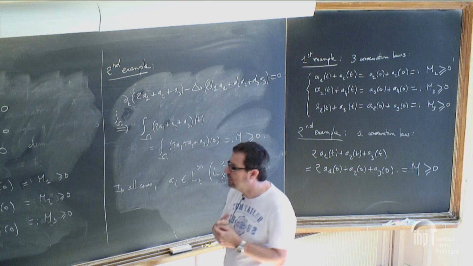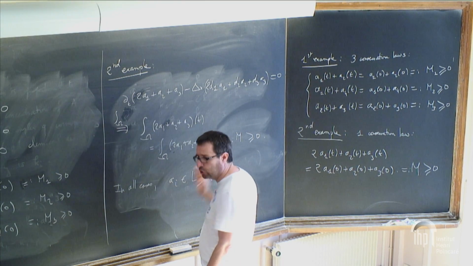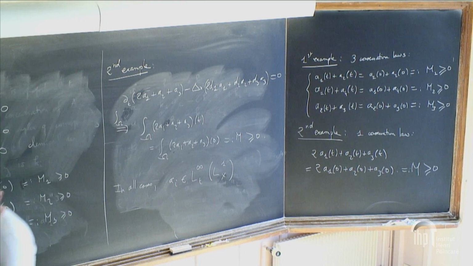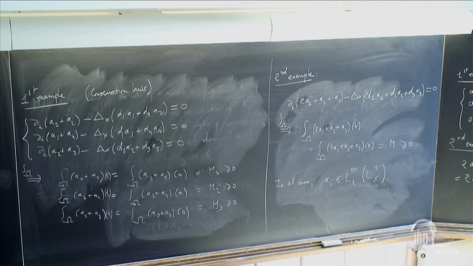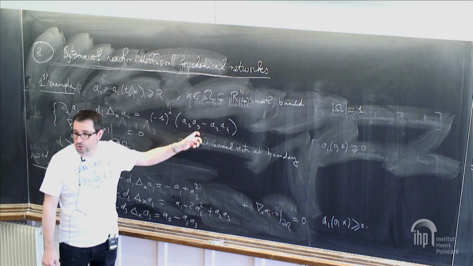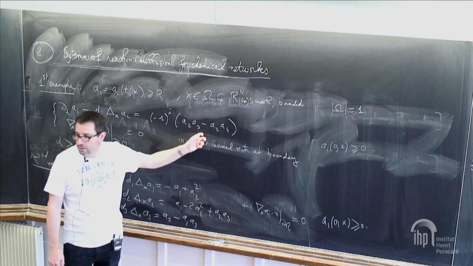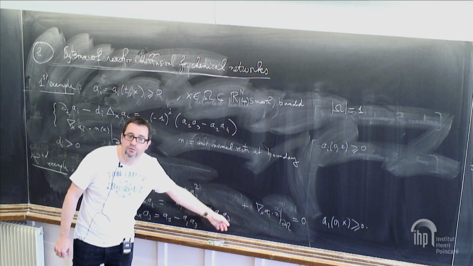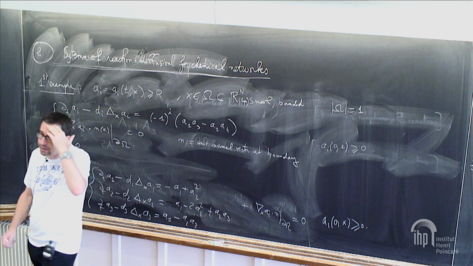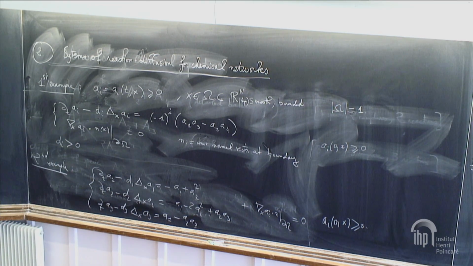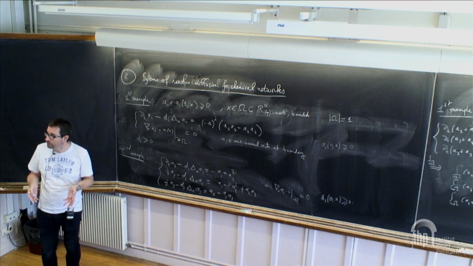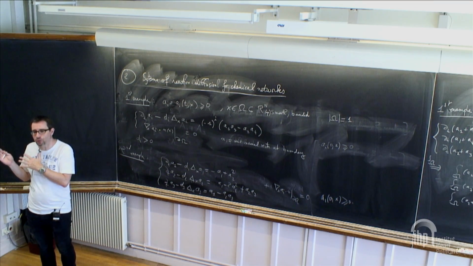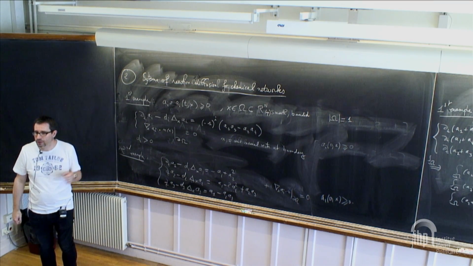However, you can immediately see that this estimate is not really useful in order to treat the equations, because the typical situation is that you have quadratic terms inside the equations. Like here, let's say A1, A3, or like here, let's say A2, A3. And I would say that this is extremely general, in the sense that in most of the chemical networks coming out of chemistry, you have quadratic terms, and usually not cubic terms because of the mass action law.